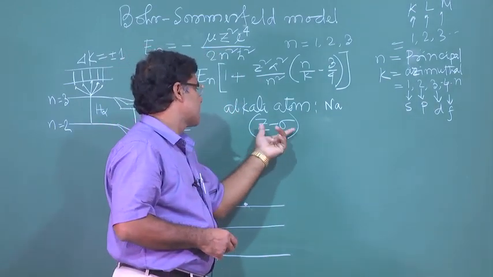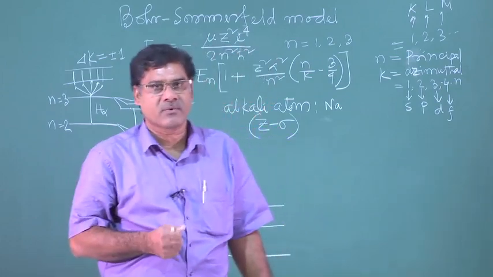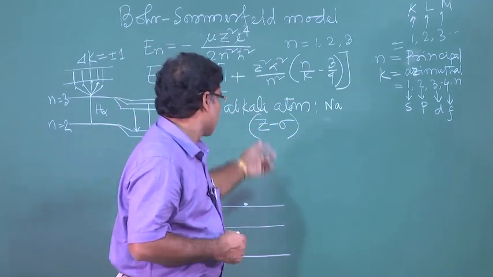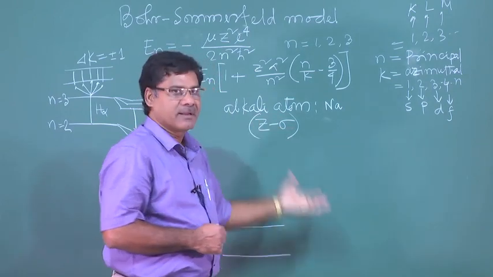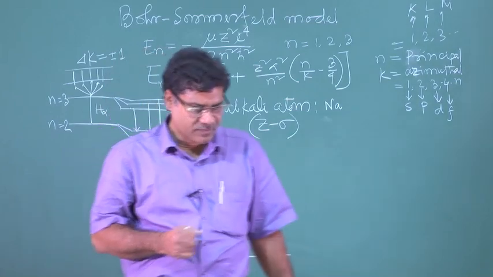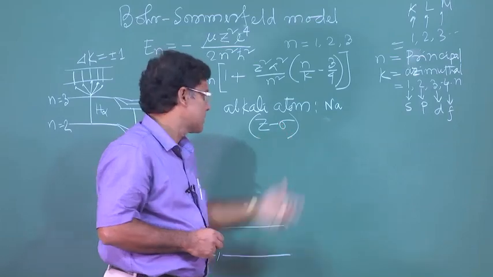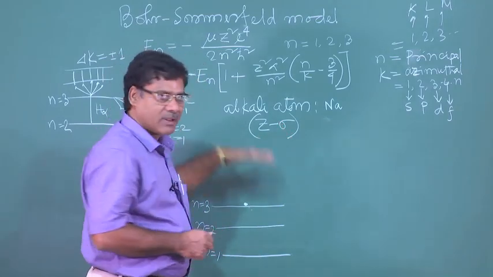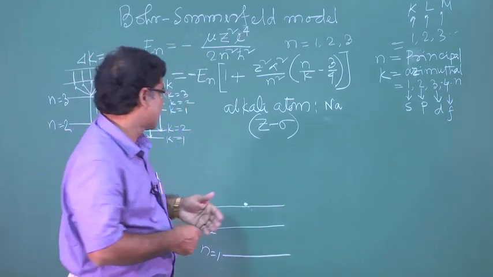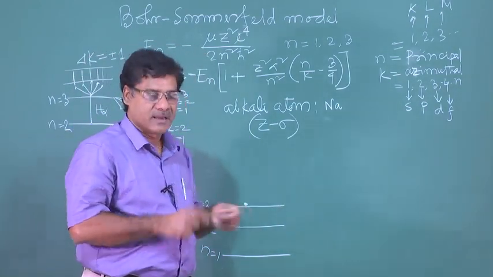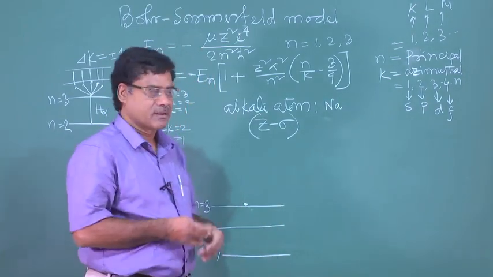For sodium, sigma is 7.4 or so, so effectively it is not 1 but around 2.4 positive charge. Anyway, there will be shifting of the energy levels, but the nature of the energy levels, meaning their discreteness and their transitions, will not be affected.